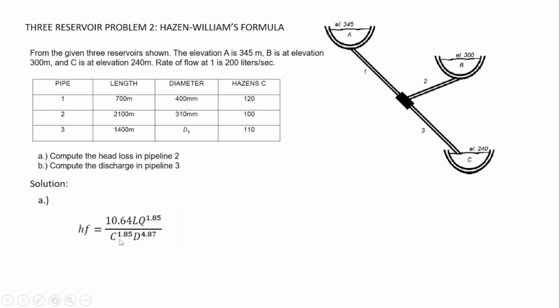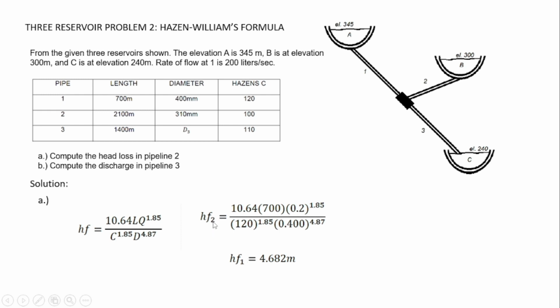So using the formula, major head loss is equal to 10.64 L Q raised to 1.85 all over C raised to 1.85 times diameter raised to 4.87. Since we are given the flow rate at pipe 1 or reservoir A, that is equal to 200 liters per second or 0.2 cubic meter per second, we can now solve for the major head loss 1.